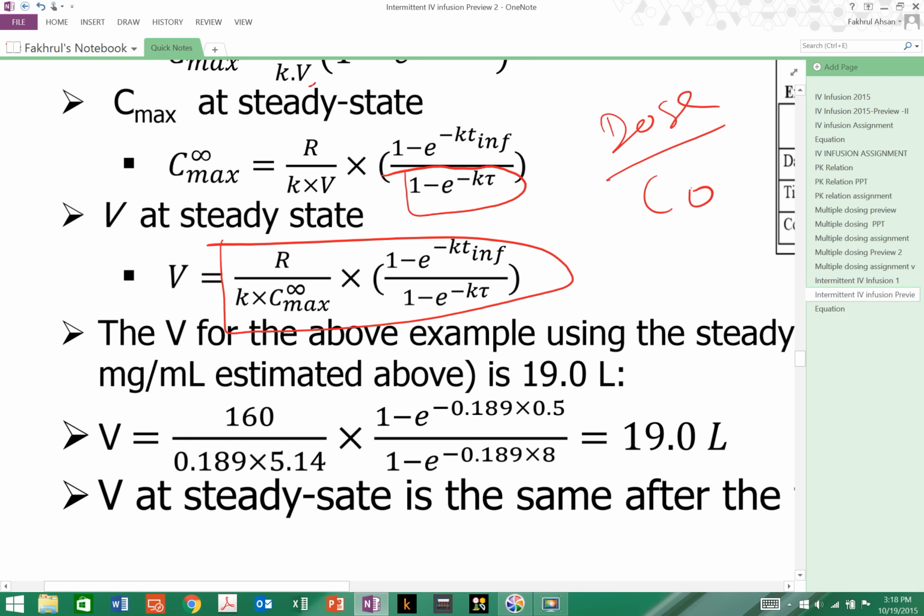I will show you in the class what is happening. In this case V is different; you have to calculate V considering concentration and how much drug is going out of the body.